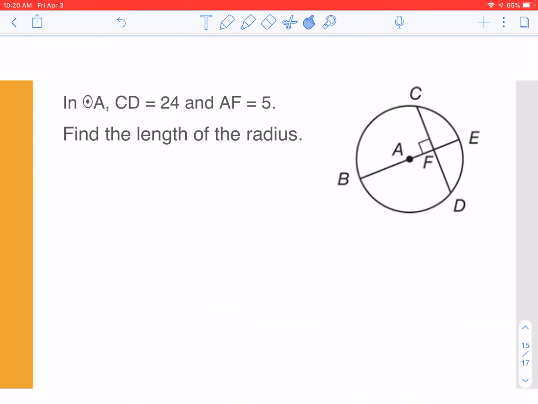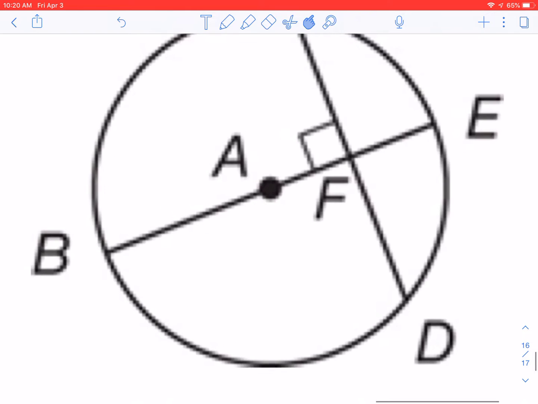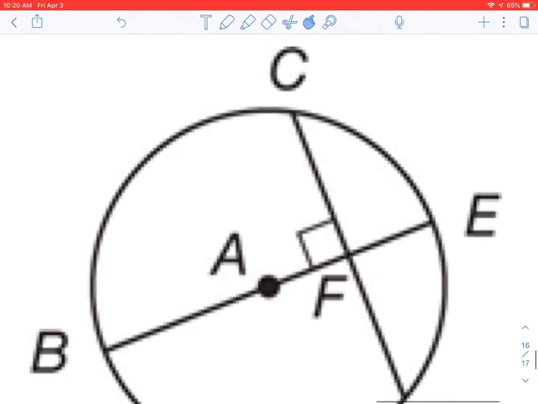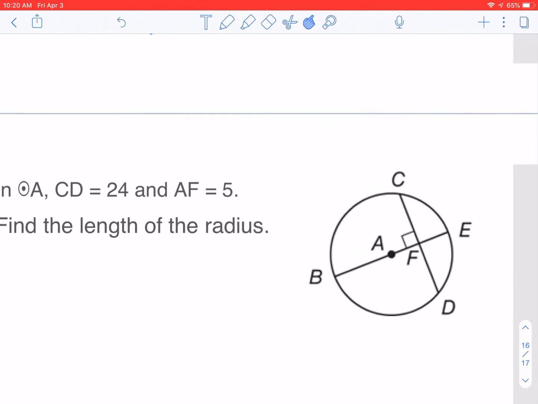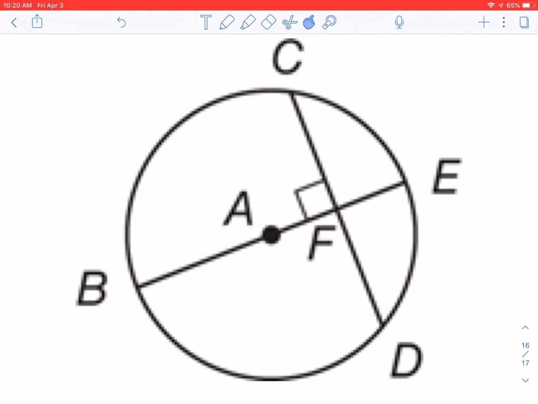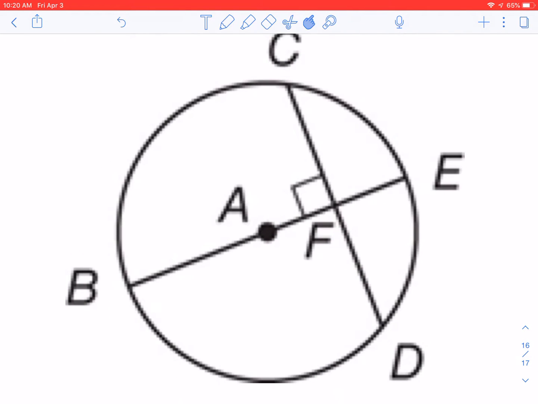We're going to find the radius. Okay? It says that CD is 24, AF is 5. So it's going to be a right triangle once again. Let me look at those numbers. CD is 24. So if CD is 24, I divide that by 2.